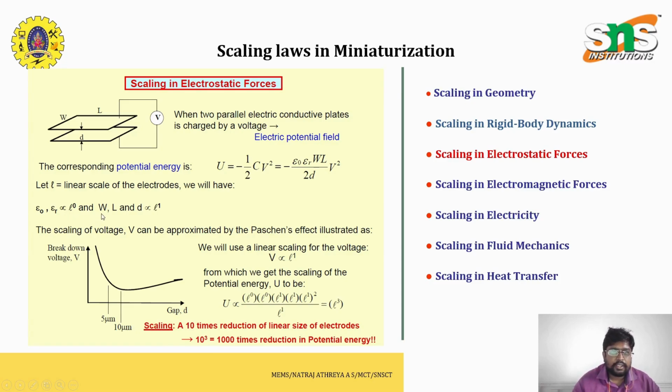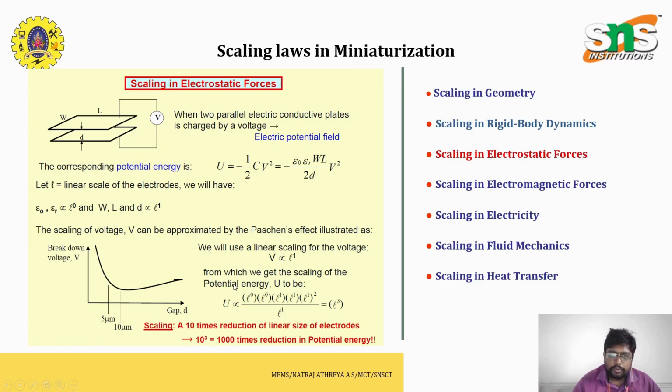W, L and D are the dimensions, so they will be given as L power 1. We also know that by Paschen's law, voltage can be approximated on a linear scale, so we'll call voltage L power 1.